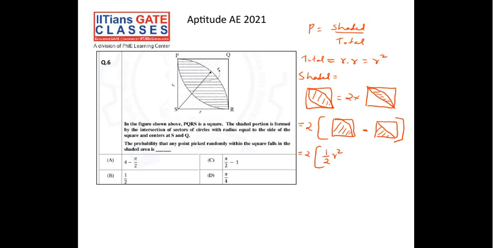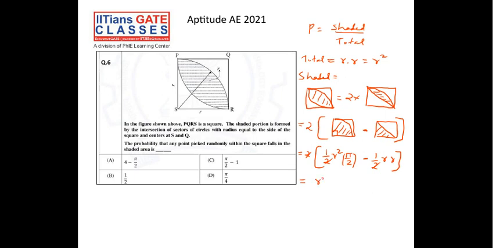So now we apply some formula over here, which is 2 times area of sector, which is half r square theta. Theta is 90 degrees over here, so pi by 2, minus the area of this triangle. This is a right angle triangle again, so half base into height. Base is also r, height is also r.